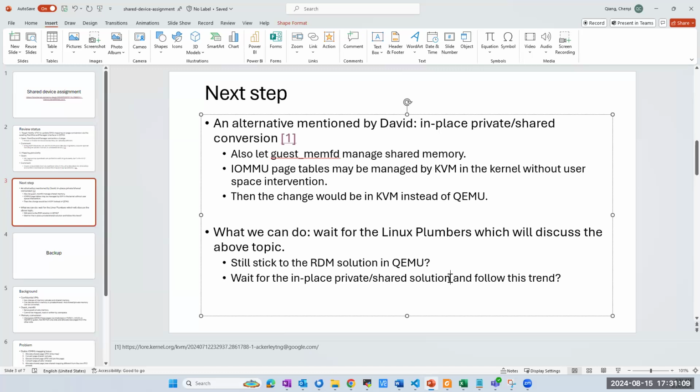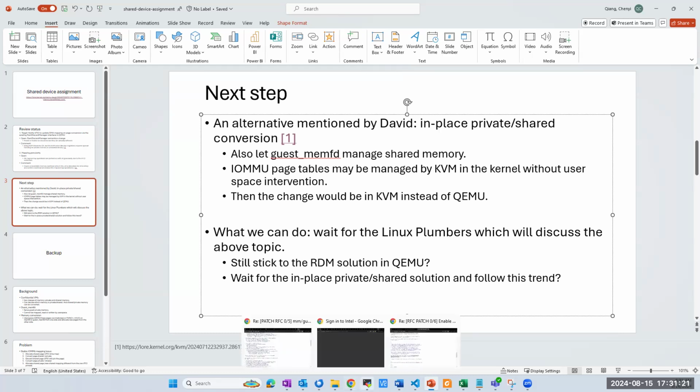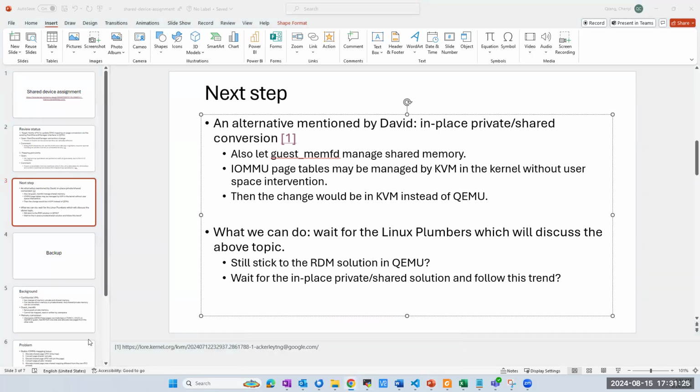Who's leading this topic at Plumbers on guest_memfd changes? Anybody know? I remember that. Let me find some link. Is it in the KVM microconference or the confidential computing microconference?